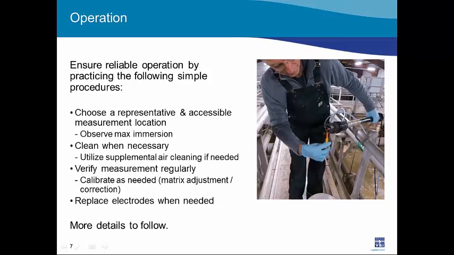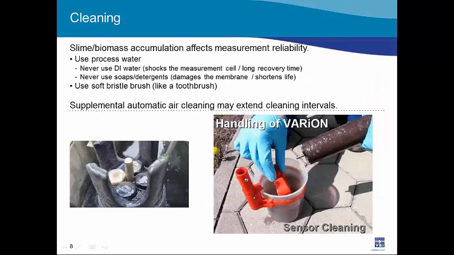Obviously, the sensor is no good if it's not reflecting the true changes in the process. And replace electrodes when needed. The electrodes do become depleted, and with all versions of ammonium and nitrate ISEs, the electrodes have a finite lifetime. We'll talk about each of these things in more detail in the following slides.